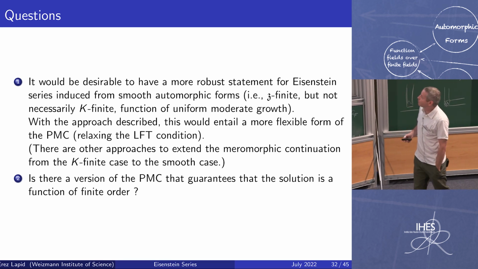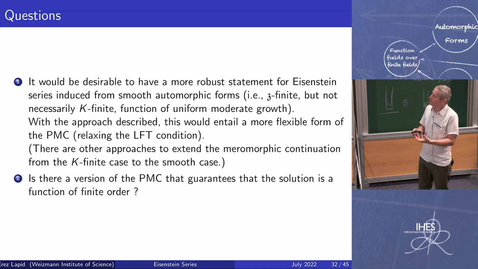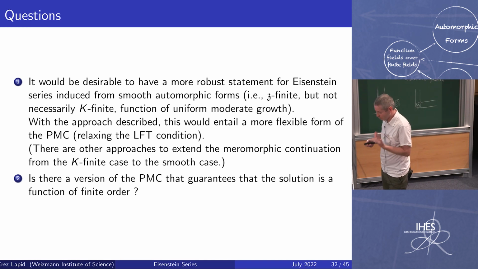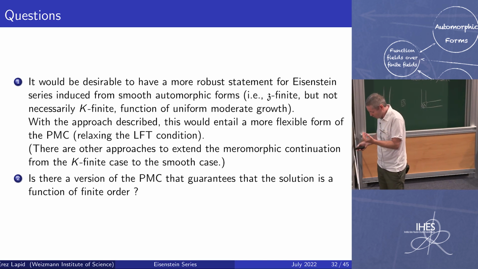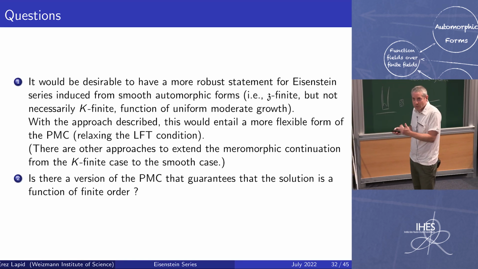So maybe the first question is, again, I'm not saying that the world necessarily depends on it, but can you somehow modify the proof so that it will hold not just for K-finite? Here I use K-finiteness in a crucial way because of this Fredholm theory, compact operators. If I want it to be an eigenfunction under convolution, it must be K-finite.